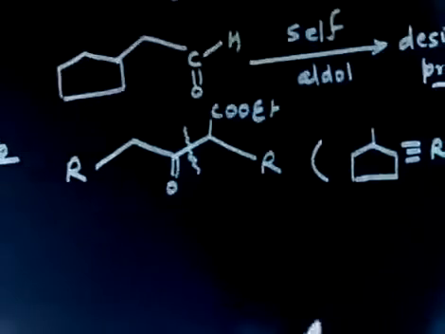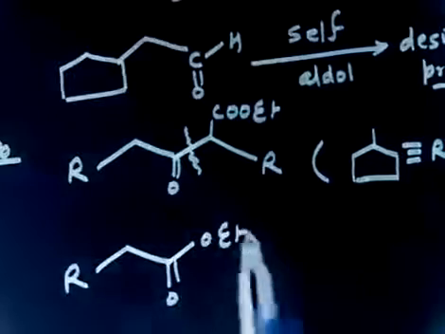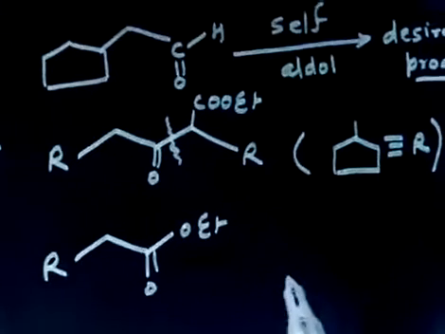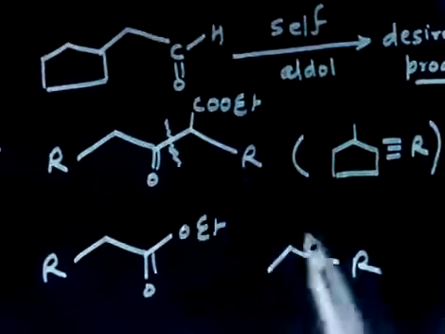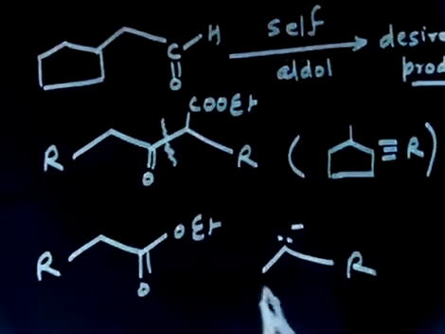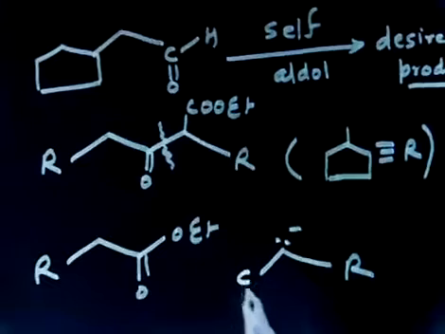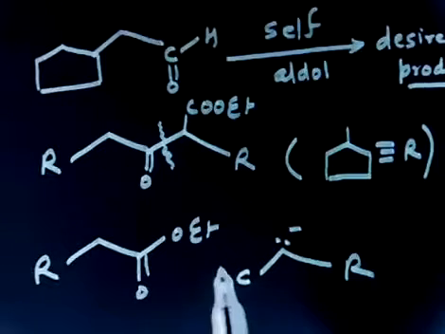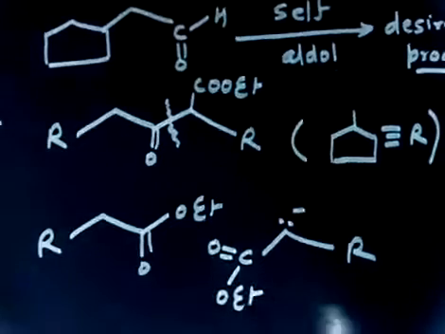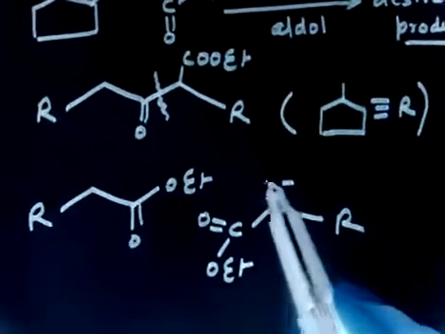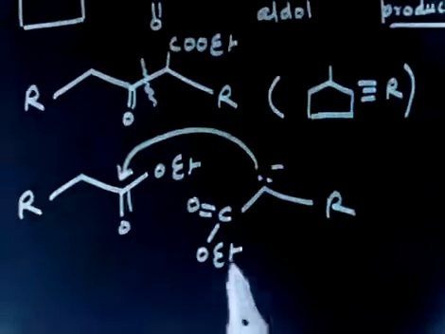So if I take this compound RCO, and let us say I put a leaving group OEt, and this side I have R, and this is CH minus, and this side again I have COOEt. In that case, I will get the desired product. This minus will attack on this carbon and this will open, and in the next step it will leave. So I will get the desired product.